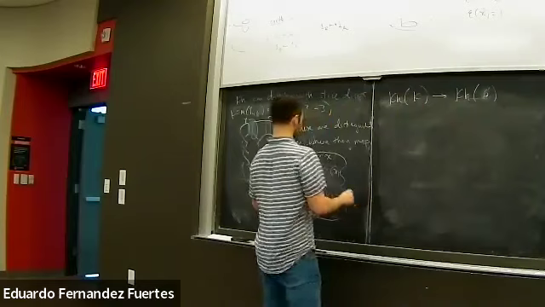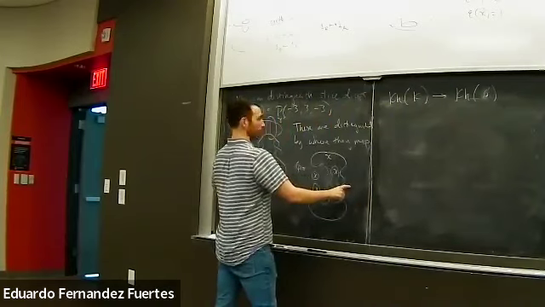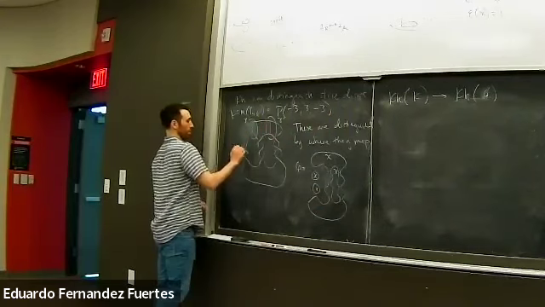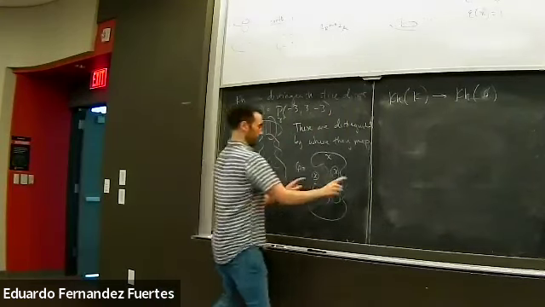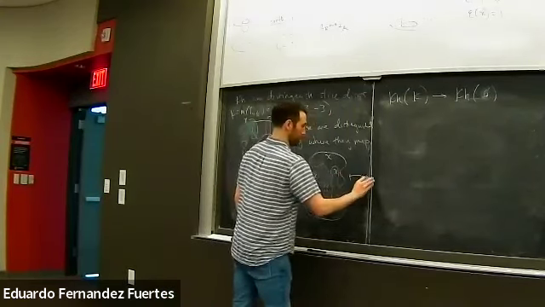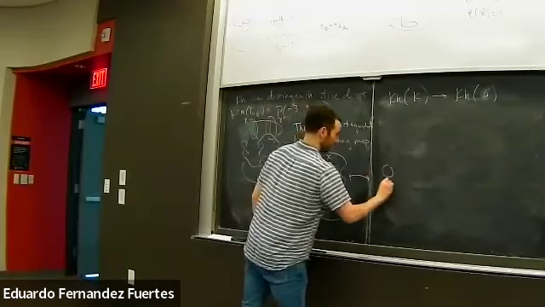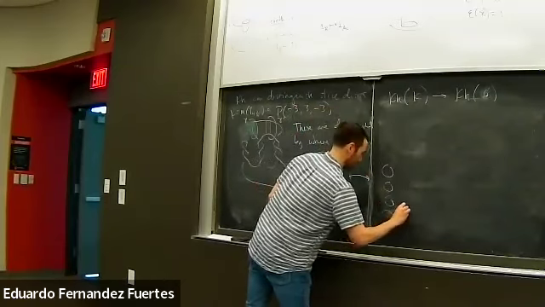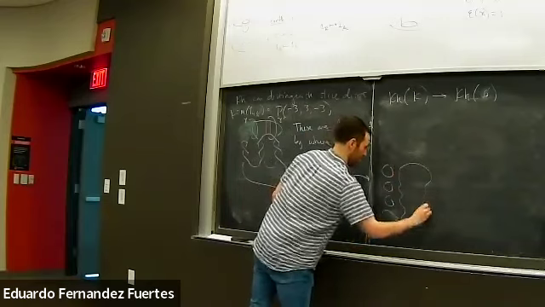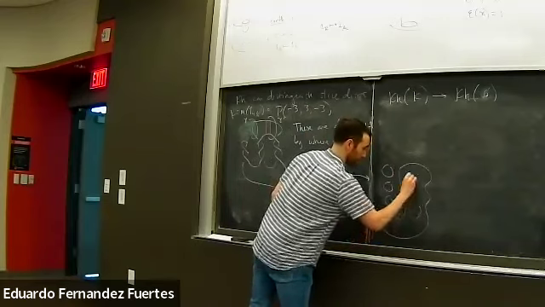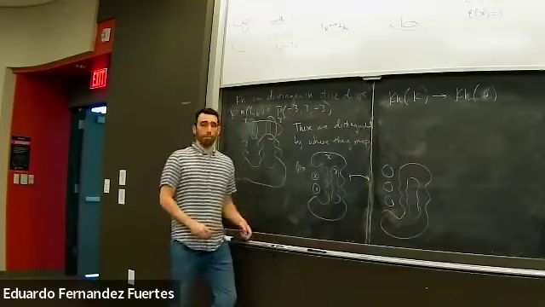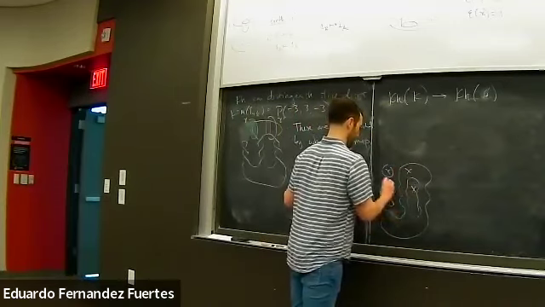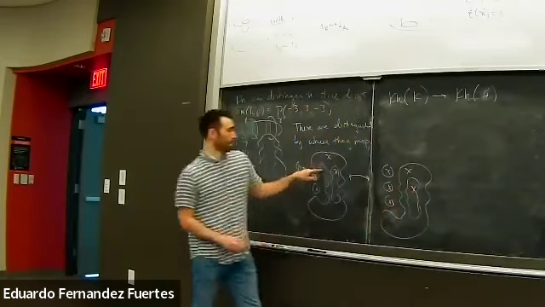So we need to write down our movie. The first step in this movie, because we have the saddle, is going to send this to something like that. But we can check this splits this into an X and an X.